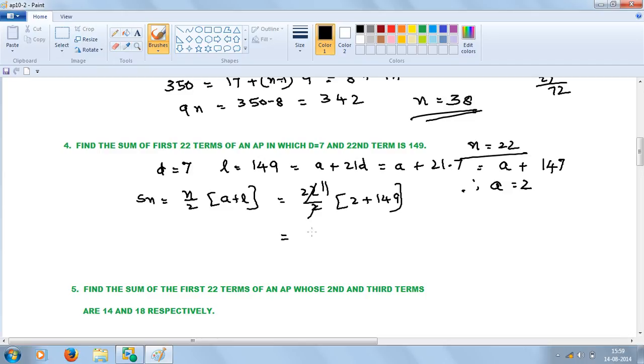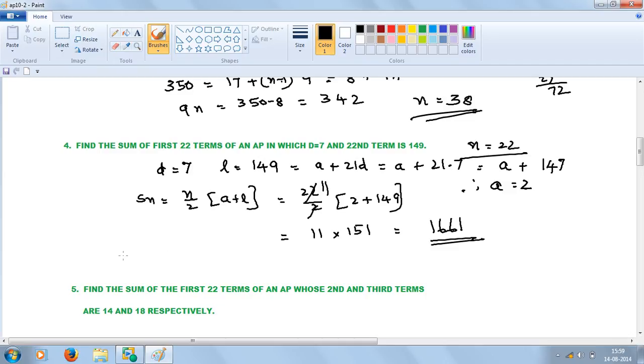So it is equal to 11 multiplied by 151. So the answer is 1661. Please multiply and check.